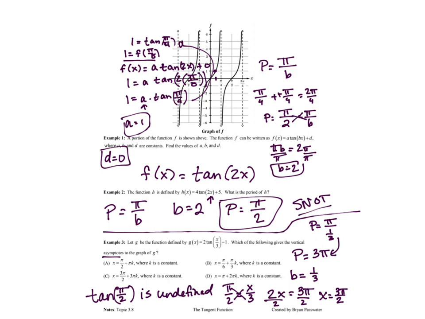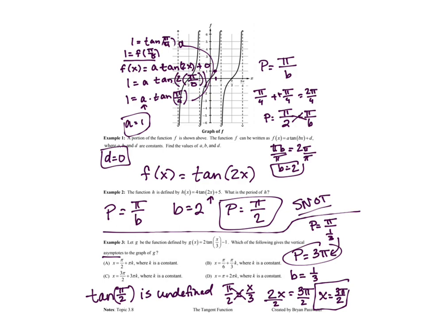Why does the period equal 3 pi come into play? You have to skip 3 pi before you hit the next one. So this is going to happen at x equals 3 pi over 2, and then every 3 pi k after that.